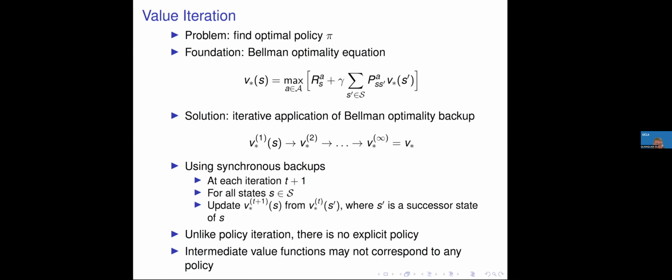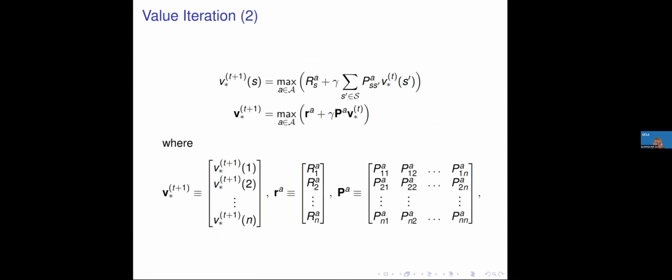Unlike policy iteration, there's no explicit policy that we introduce or maintain during value iteration. This might be an advantage, because it saves a lot of effort in calculating or improving the policy itself.